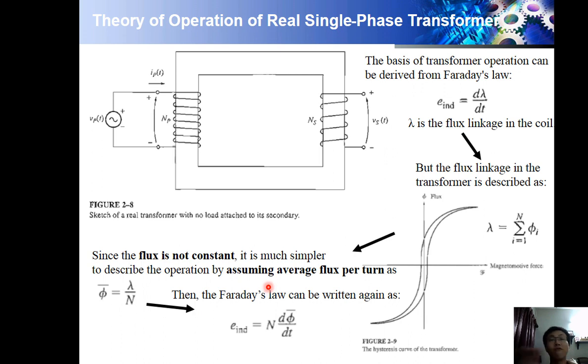So the average is lambda divided by Np. Then Faraday's law can be written like this. I substitute this lambda, and I have Np d phi divided by dt, which is my induced EMF.